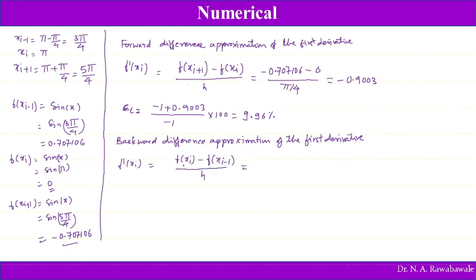So again f of xi is 0 minus of f of xi minus 1, which is 0.707106, divided by h, which is pi by 4. Again this works out as minus 0.9003. So the true error in this case also is going to be 9.96% itself, because the values are same.